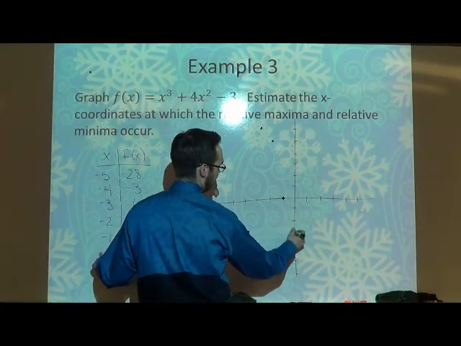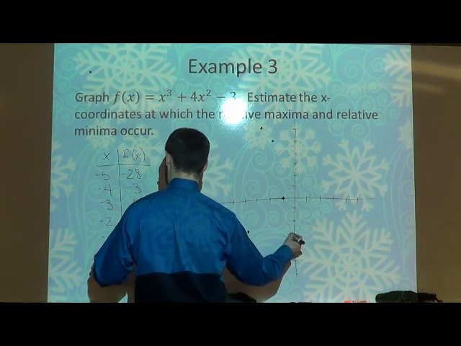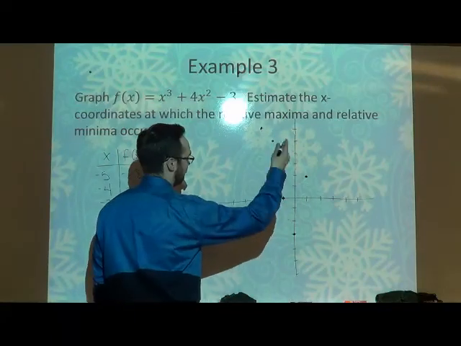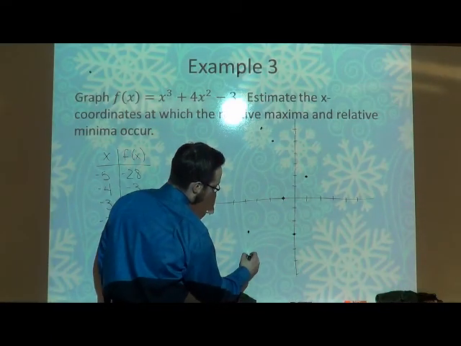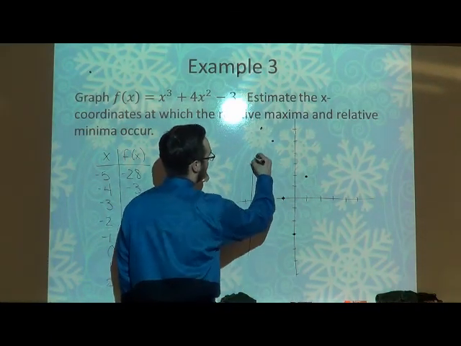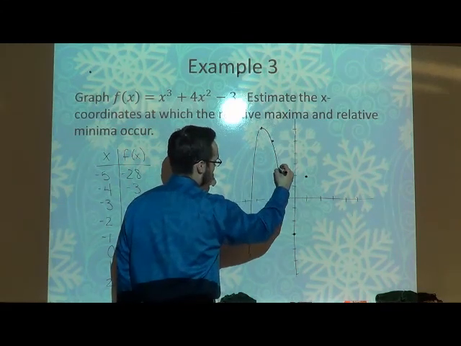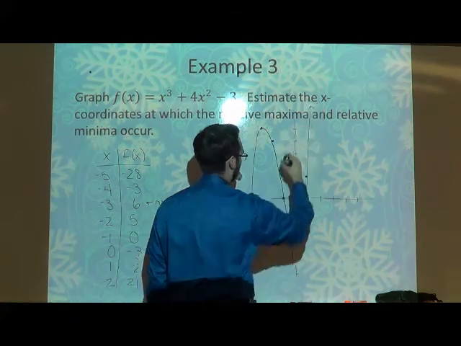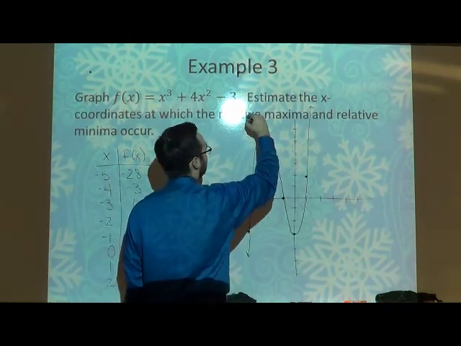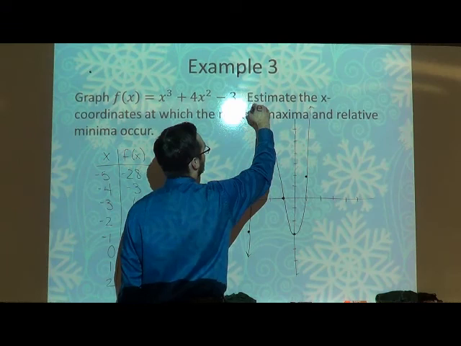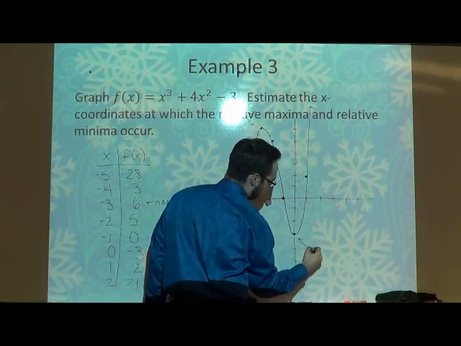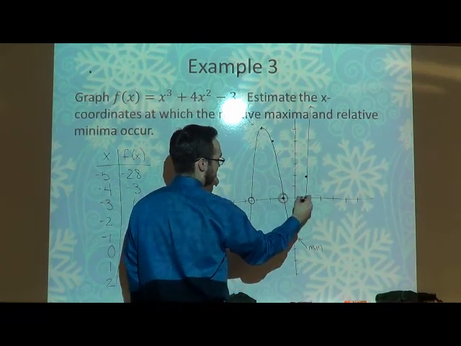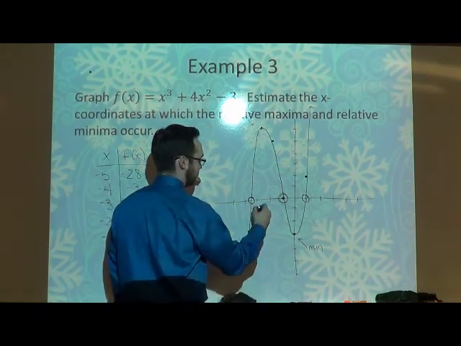Then we go to 0, -3. Then we come back up to 1, 2, and then we continue off forever. So we come up, we go up, we go up, we start to come back down again, and then we go back up again. With our zeros, so here's a max, here's a min, here's a 0, here's a 0, and here's a 0.